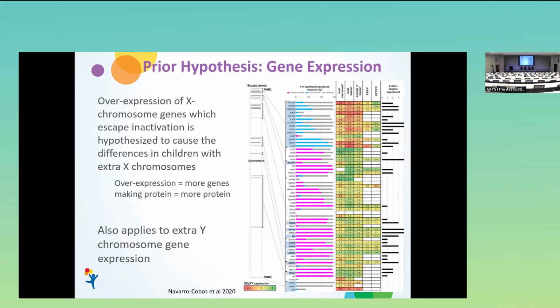And that means that these genes continue to be expressed from the inactive X. So when you have extra X chromosomes, then you have extra expression of these genes, right? Because the more X chromosomes, the more gene expression. And this also applies to Y chromosomes because they're not inactivated. So there's an overexpression of those genes when you have an extra Y.